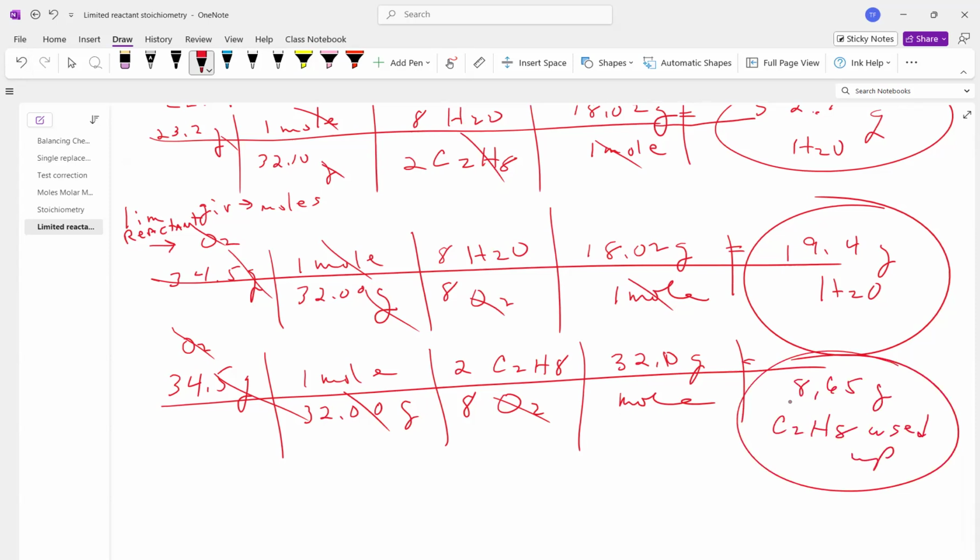So we use 8.65 grams of the ethane. We started with 34.5 though. So how much is left over? Okay, we go 34.5 we start with, and we used 8.65.